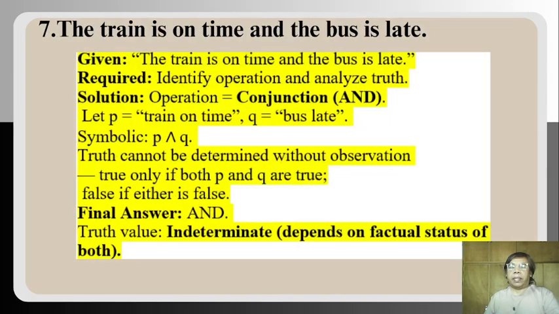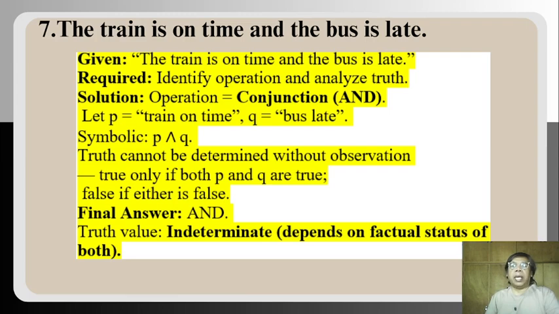Number 7. The train is on time and the bus is late. We're given: the train is on time and the bus is late. Required: identify the operation and analyze truth. Solution: the operation is conjunction. Let P be the train is on time, Q the bus is late.